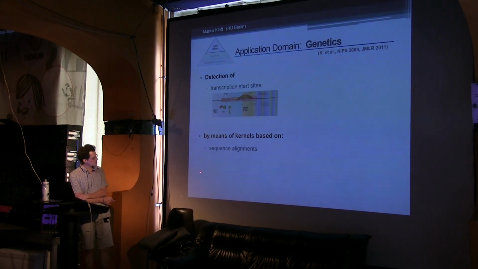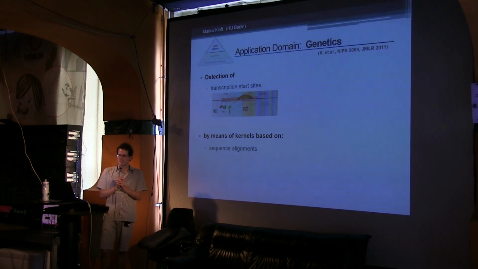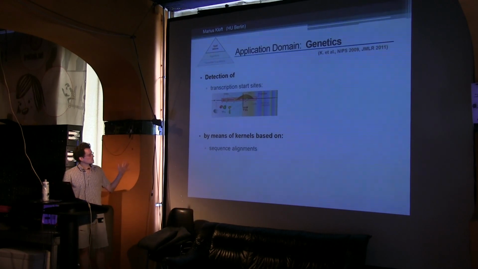The first one is, for instance, just looking at the strings associated with the DNA, because DNA is composed of 4 nucleotides, and you can represent it as a string over an alphabet with 4 characters. So we just look at the raw strings, and this gives us the first kernel.